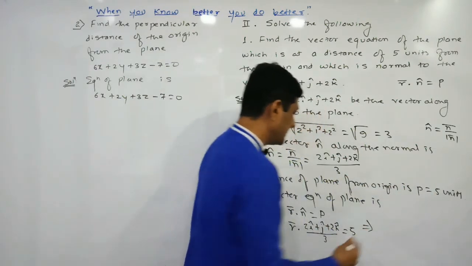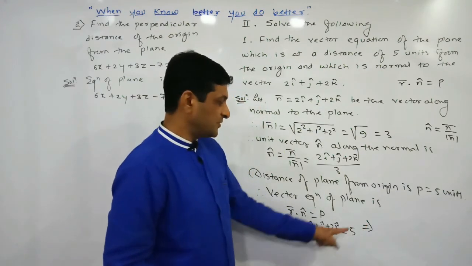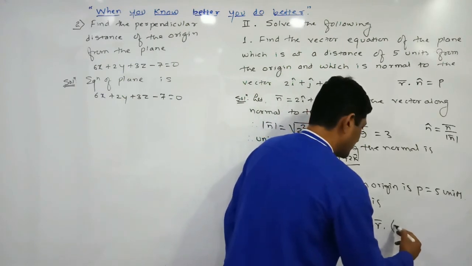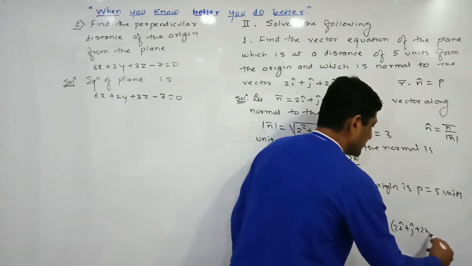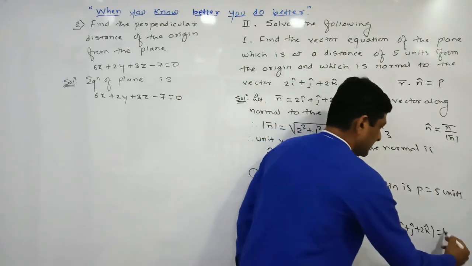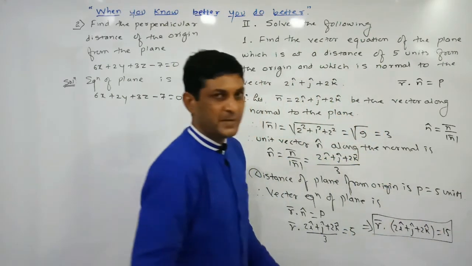This implies that this 3 is divided on this side, so it will get multiplied with 5. So what is the remaining term on the left hand side? r bar dot 2i cap plus j cap plus 2k cap, and on the right hand side 3 fives are 15. So in this way we have got our required vector equation of the plane.